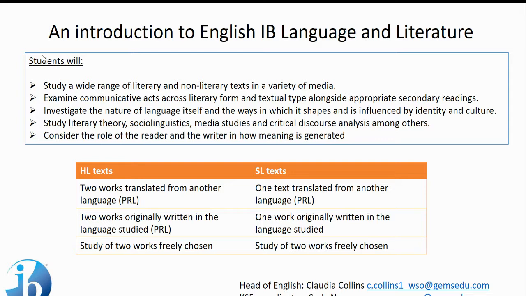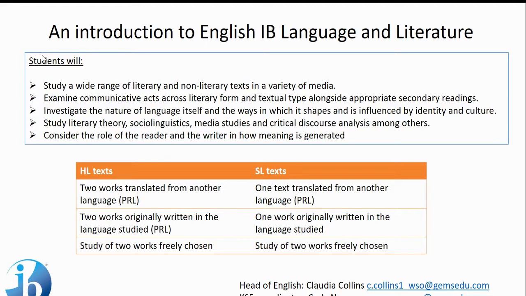As part of their study, all students need to study at least one text that has been translated from another language. This is from a prescribed reading list given to us by the IB. However, we do ensure that our choices are appropriate for our cohort of students and for the context in which we are teaching the course.